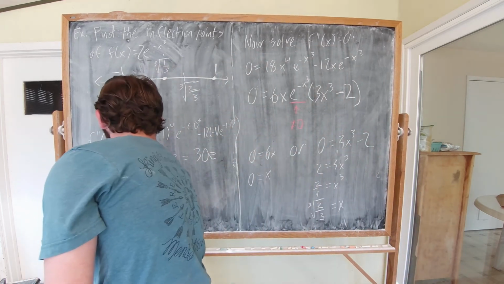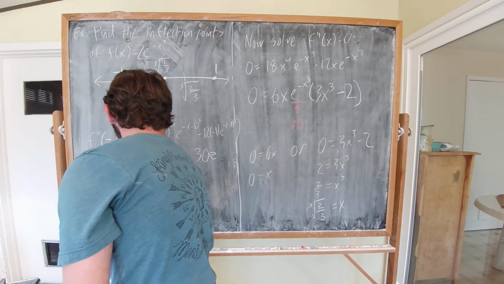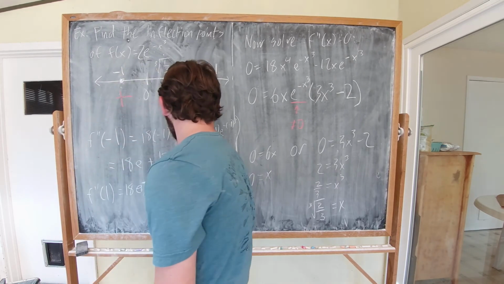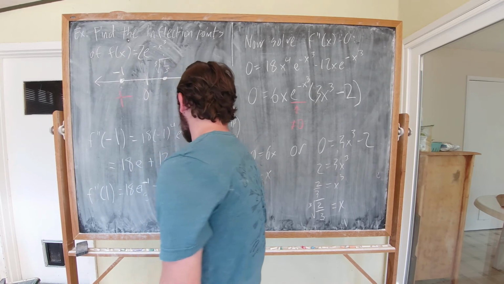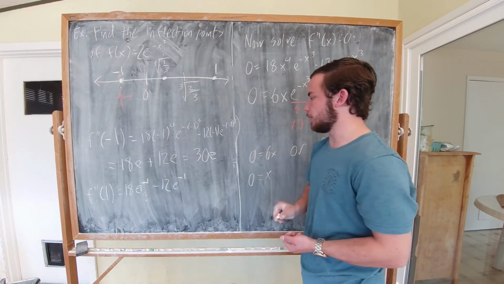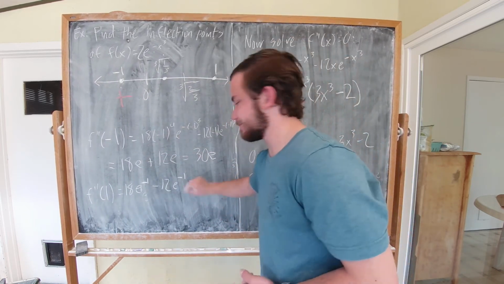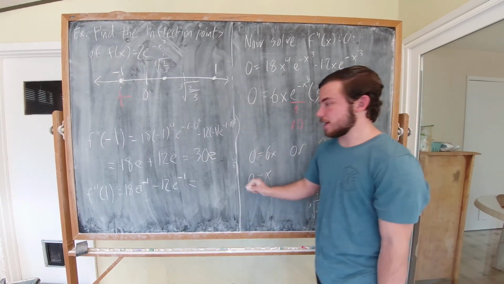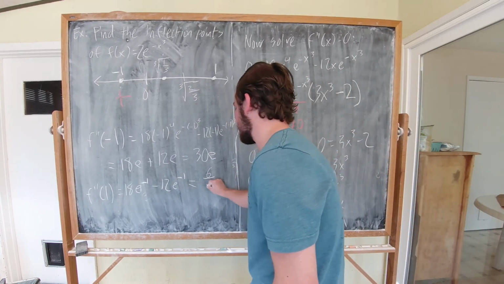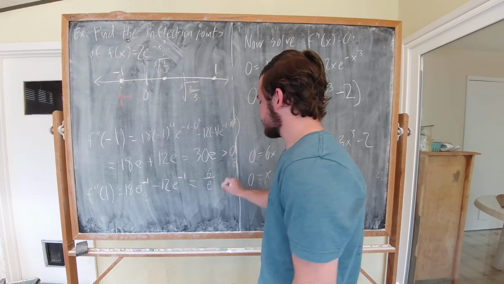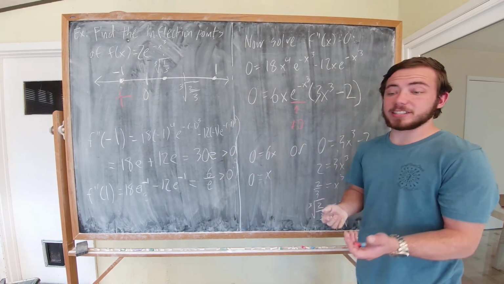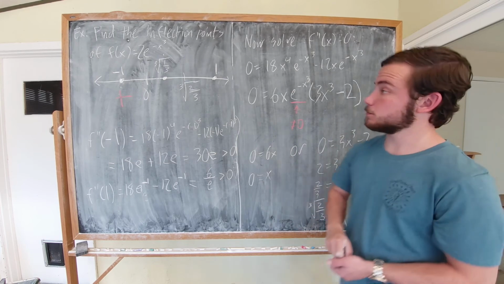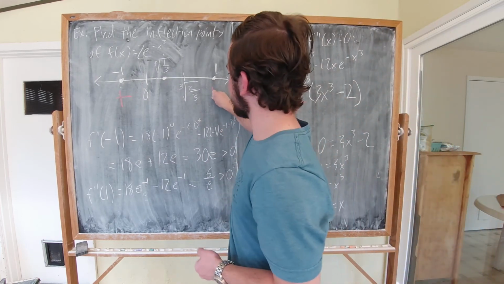So we have an 18 e to the -1 minus 12 e to the -1. Alright, so we're left with 6 divided by e. Still greater than 0. E is positive, 6 is positive, whole thing is positive.